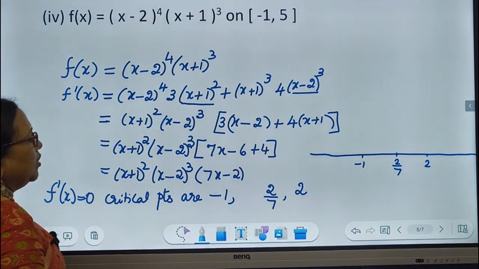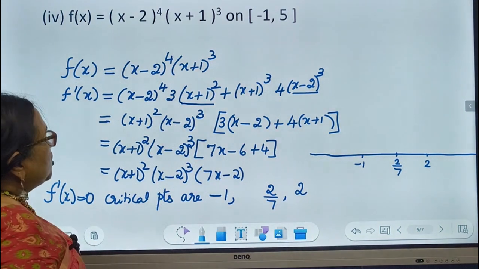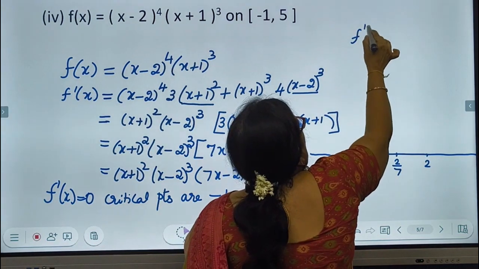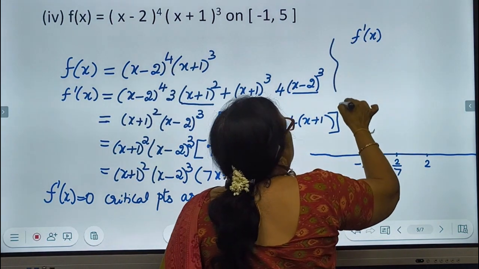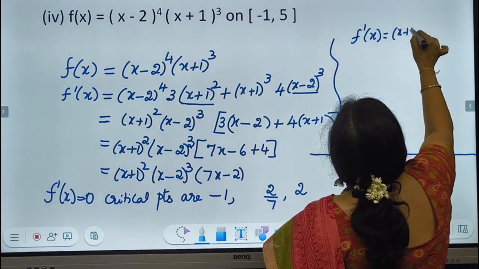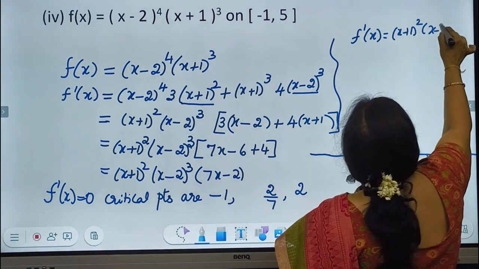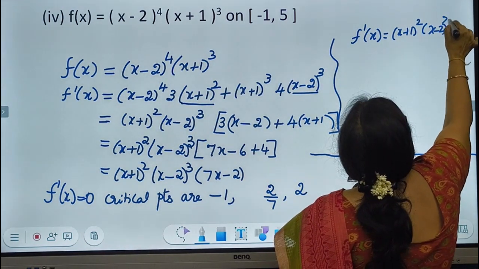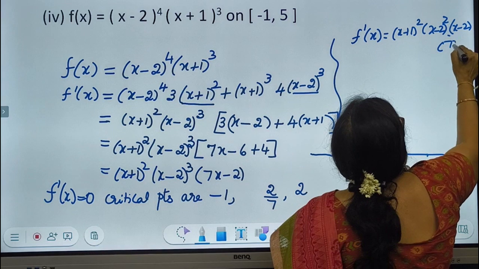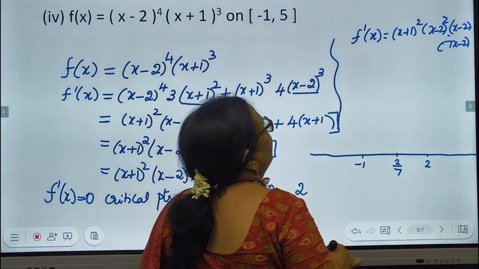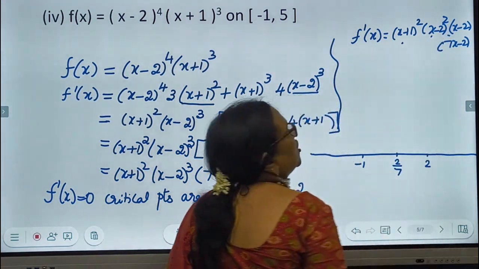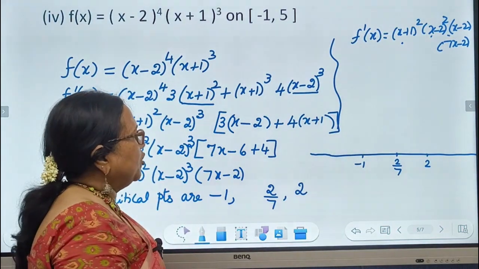Okay. So now, how do we check the sign of f'(x)? Now, f'(x) is, as you know, (x+1)^2 (x-2)^3, which is (x+1)^2 (x-2)^2 (x-2)(7x-2). I have written it like this because when I substitute values and check, I need not substitute here, because both of them being square, they will always be positive.